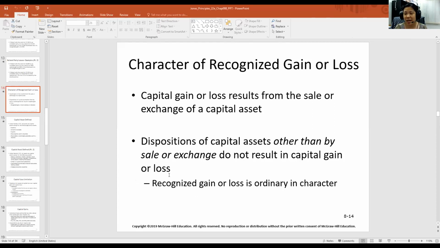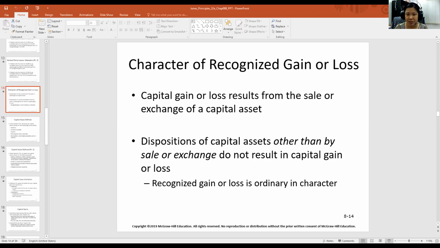We can dispose of the assets by selling them, by exchanging them with other assets, or by retiring or discarding them, which means throwing them away. If we dispose of the assets not by selling or exchanging, it will not give a capital gain or loss, but the recognized gain or loss will be only ordinary gain or loss.